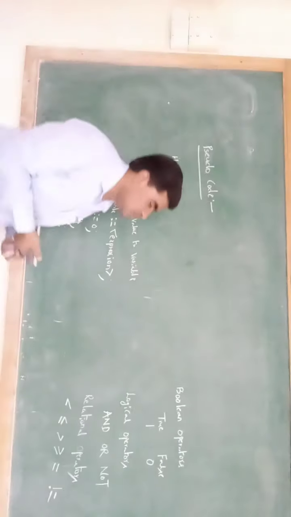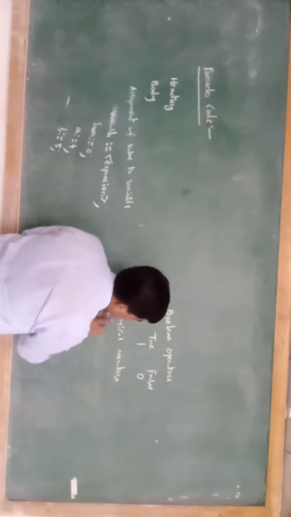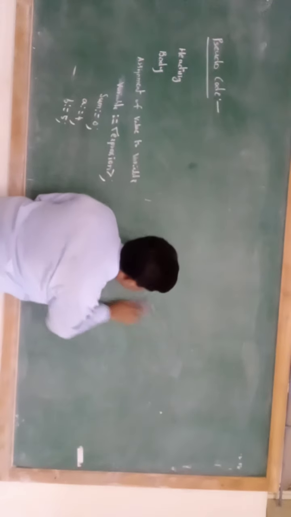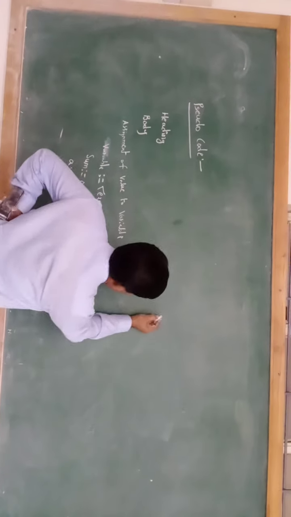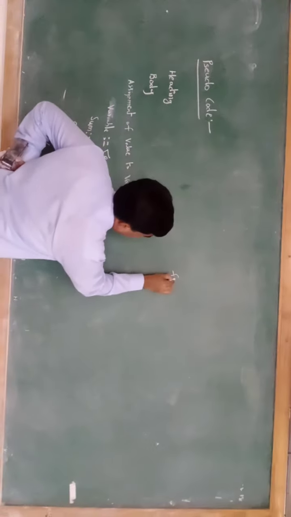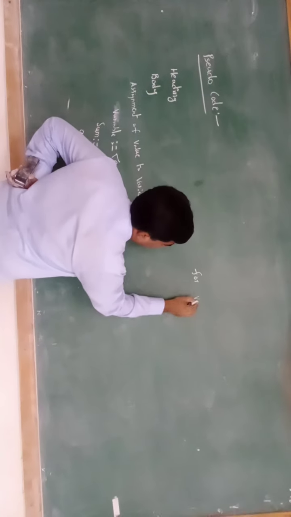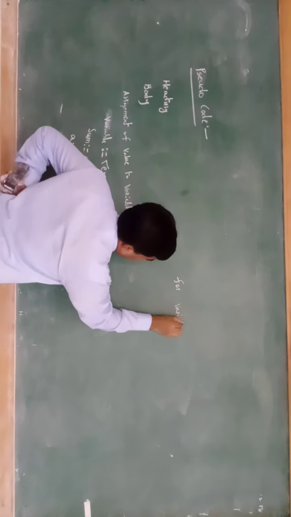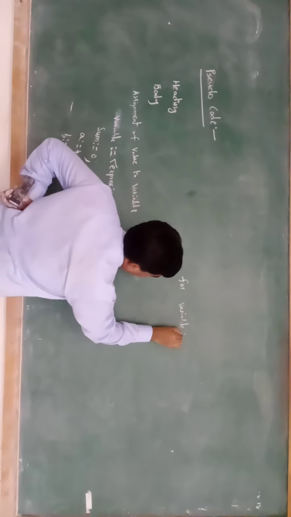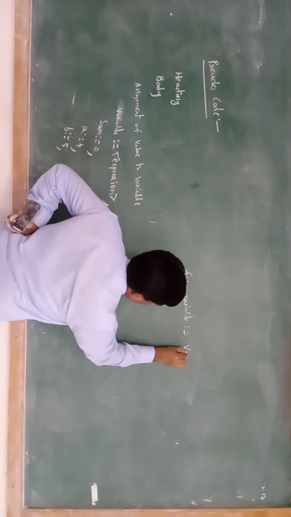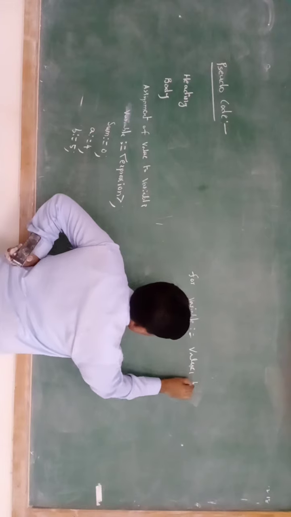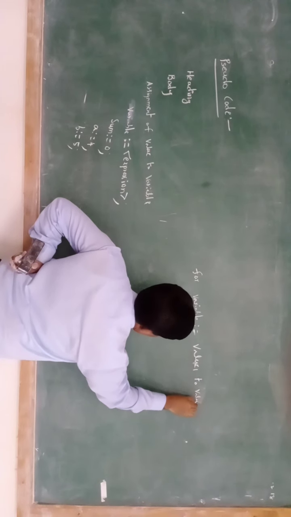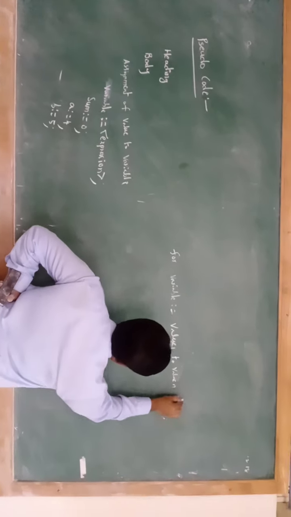Next, conditional loops. The for loop: for variable := value 1 to value n step.